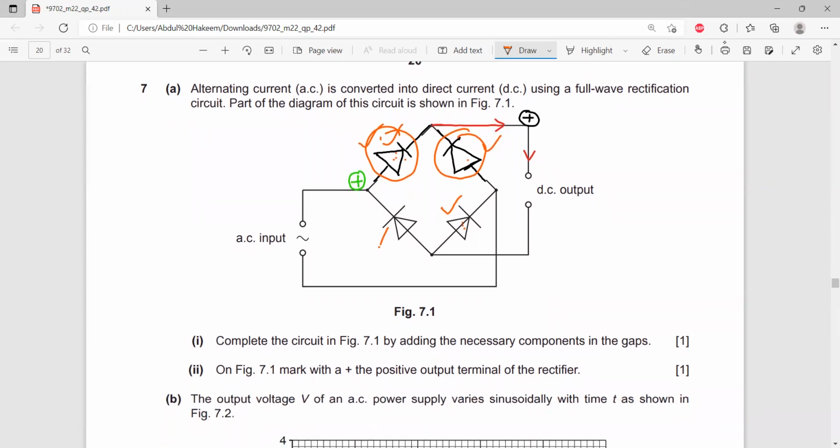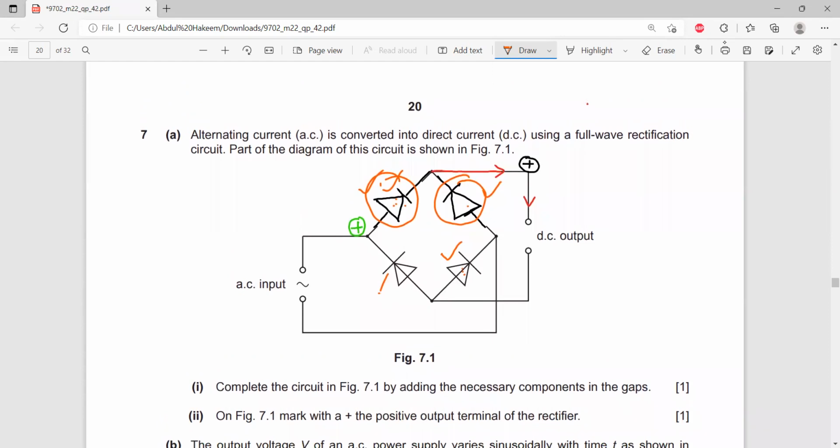Next, on figure 7.1, mark the positive potential output terminal of the rectifier. Suppose we take this terminal positive. For this, this diode is reverse bias and this is forward bias. So the current is flowing in this direction. When the current reaches here, this terminal becomes positive.